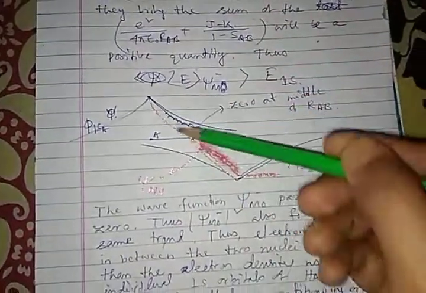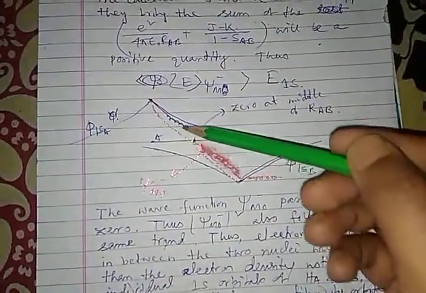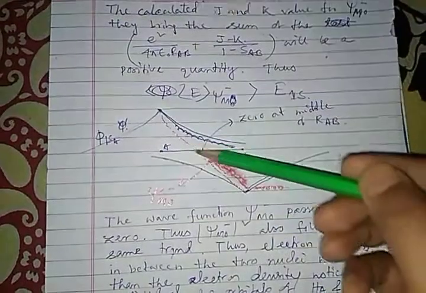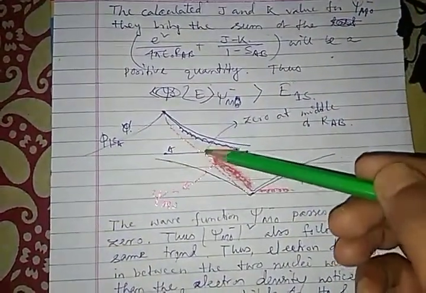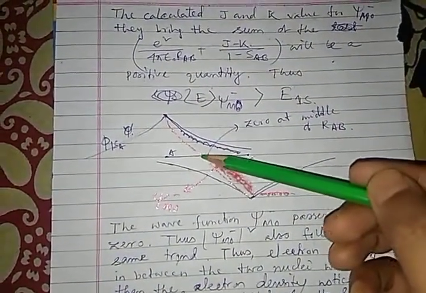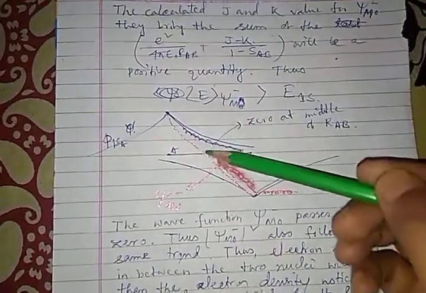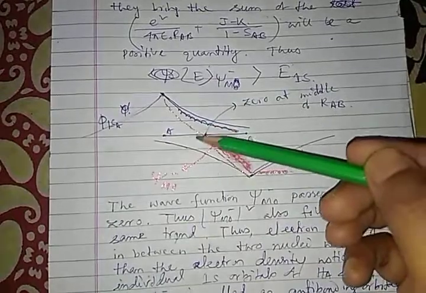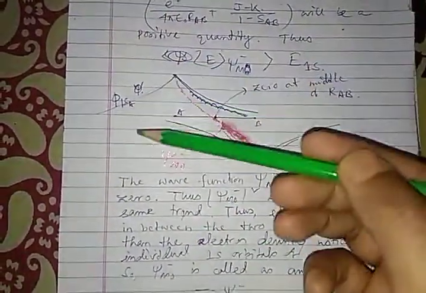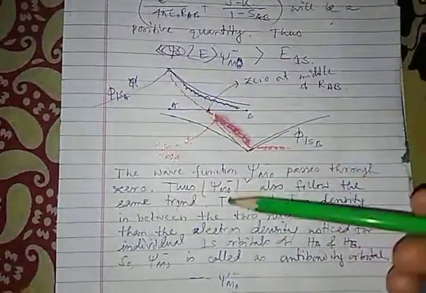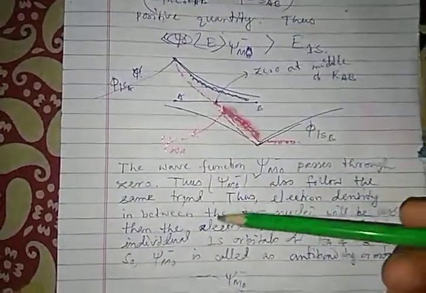So the combination of these two will make a line. This is the red line which will pass through a point at the internuclear axis where the value of the wave function will be 0. Similarly, if you take the square, everything becomes similar, only the magnitude will increase.